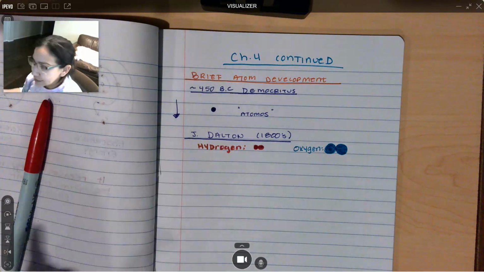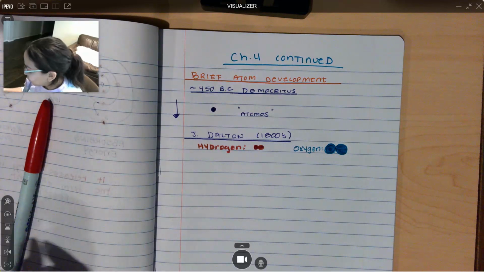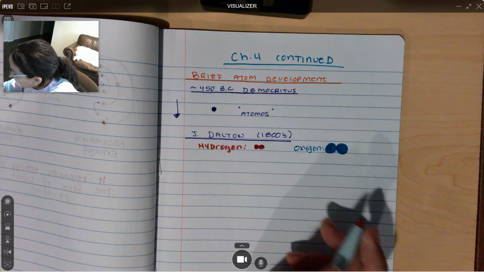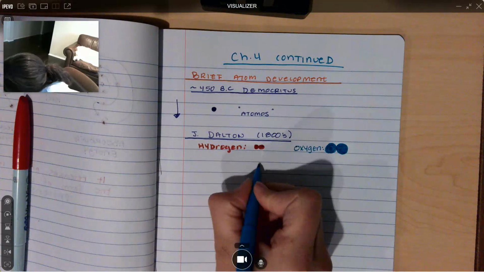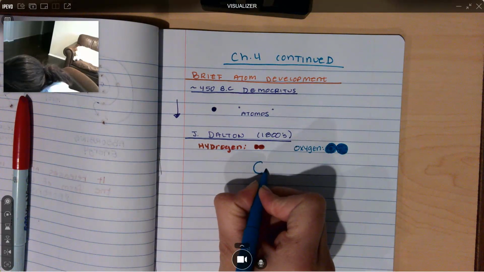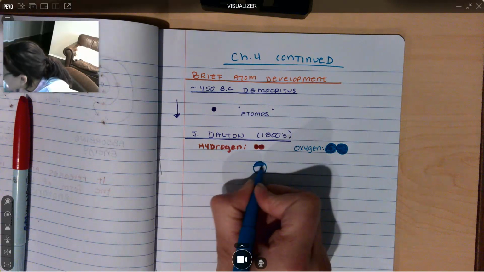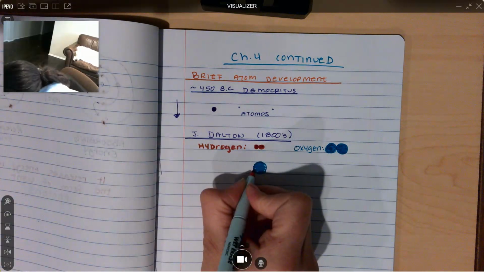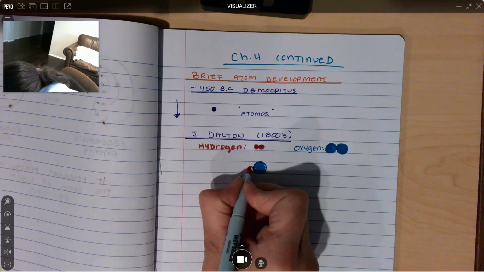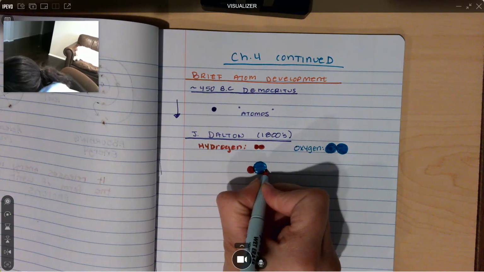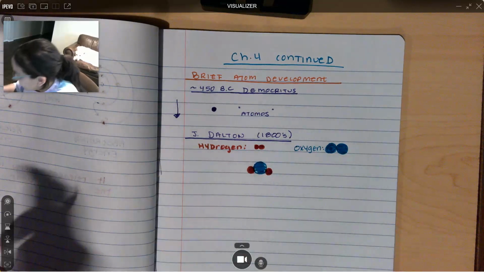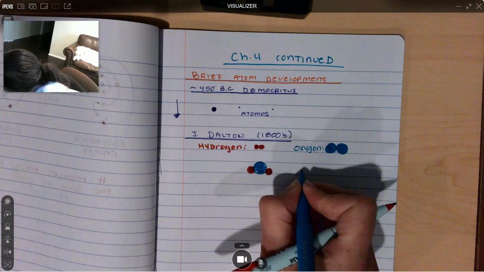So this is similar to the example we did in chapter 3. When these combine together to form water, you're going to get your oxygen in the center. And in a fixed ratio, they will form water. Just like that. All right.